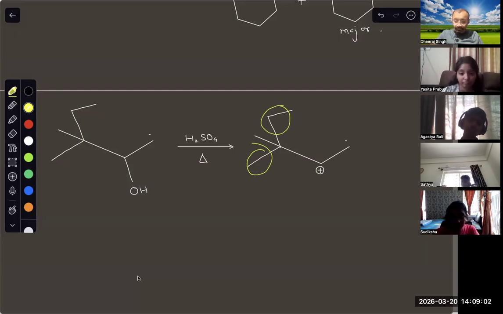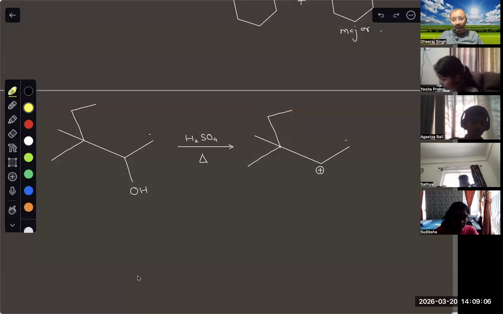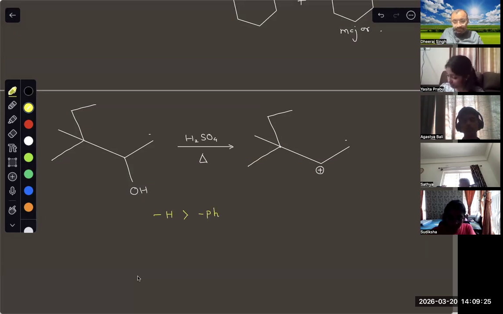So which one will shift? Methyl. It is ethyl that shifts. Always remember this migratory aptitude. Hydride is highest. Then phenyl.